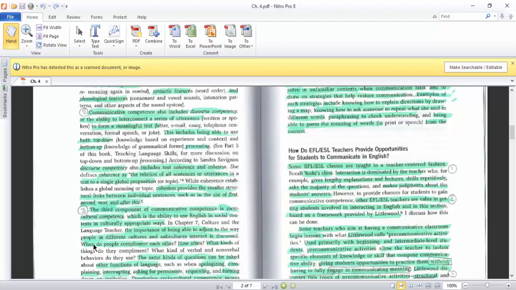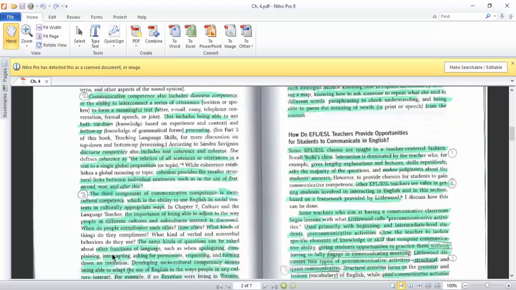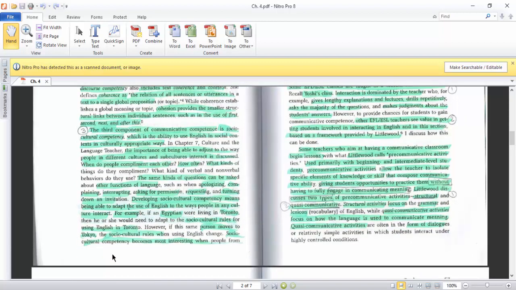For example, the culture of Egypt is different from that of Toronto, so when Egyptian people go to Toronto, they should follow the culture there.